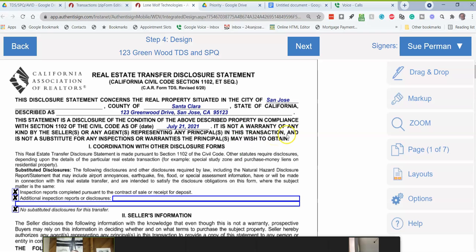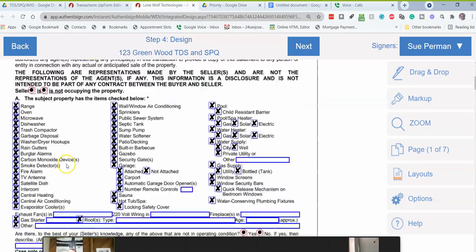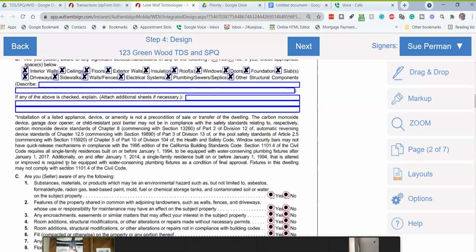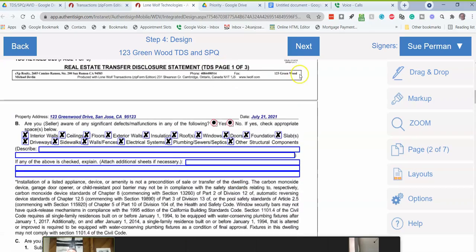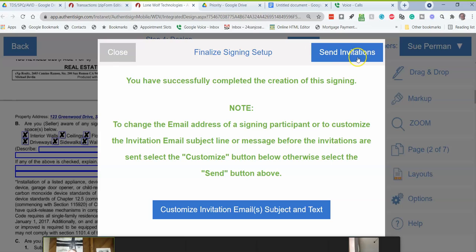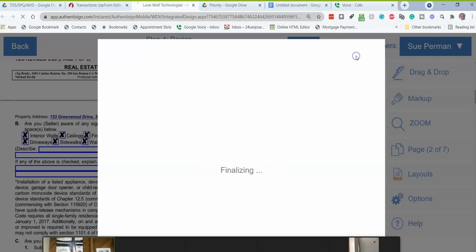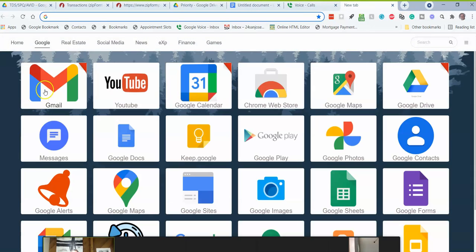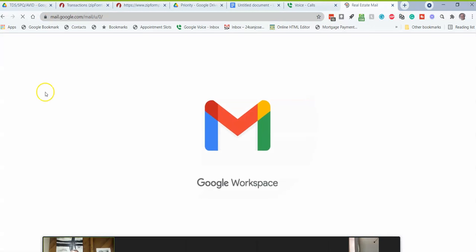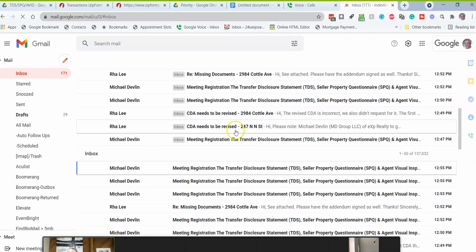But here we go. Now notice, all these things they've already filled out for me. Those are all the things you can't change. So we're just going to click on next. And I don't mess with custom invitations because I'm too lazy. And away it goes.